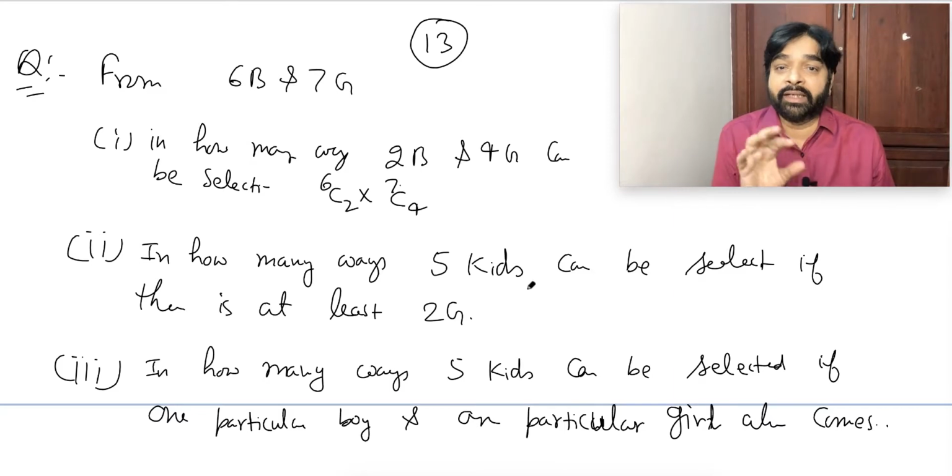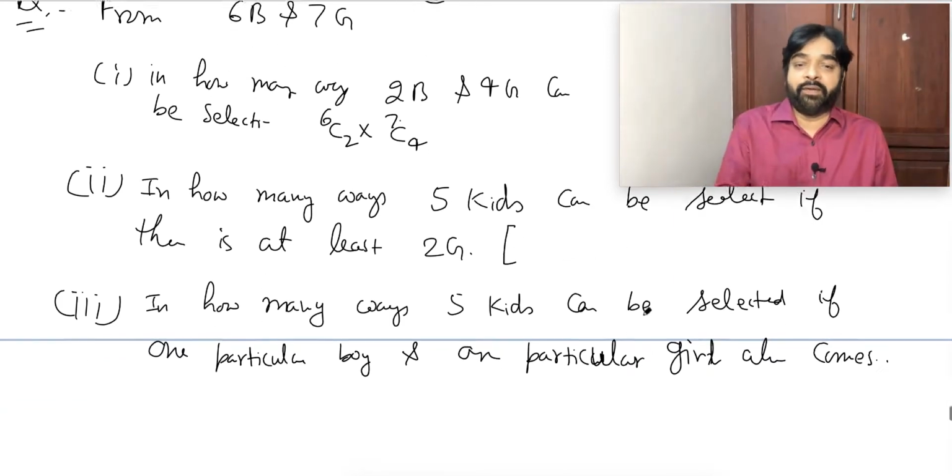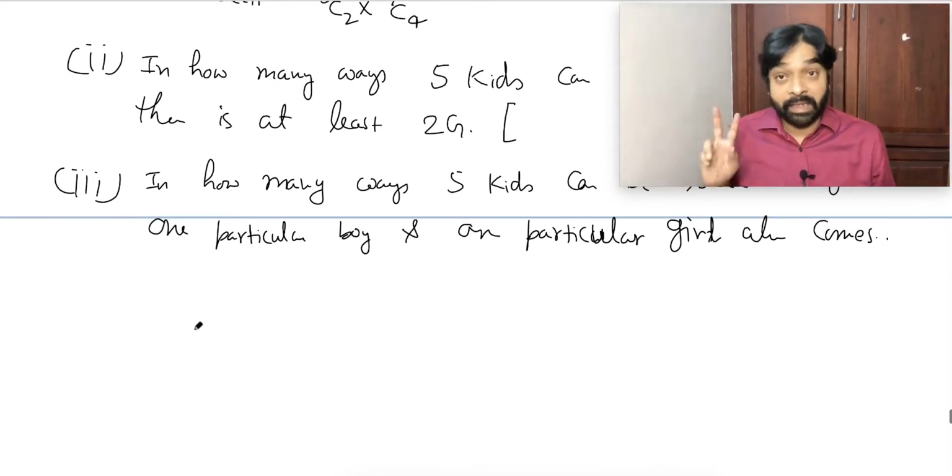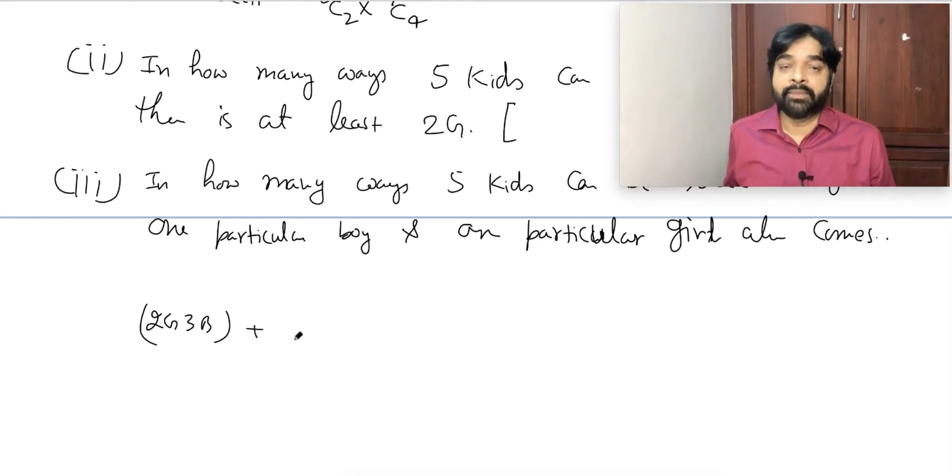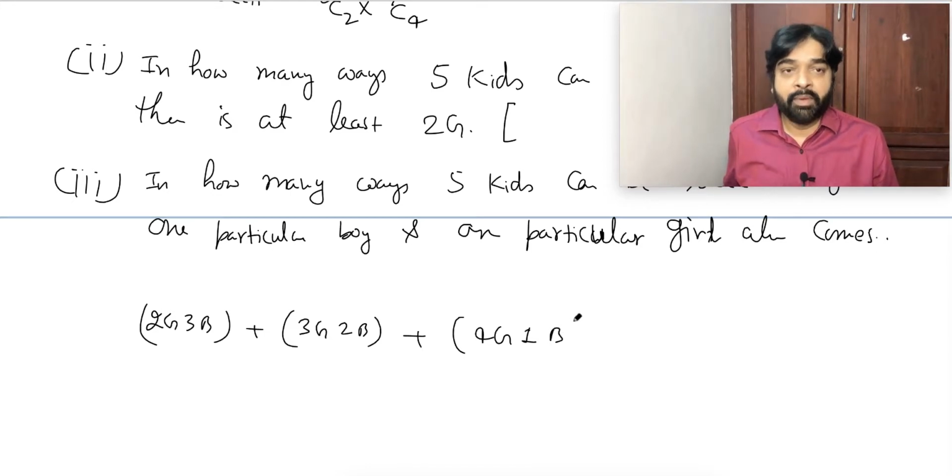I want at least 2 girls to be there. So how will we redefine this question? At least 2 girls. What will be the possibilities? 2 girls, 3 boys, or ("or" means addition) 3 girls, 2 boys, or 4 girls, 1 boy, or 5 girls, 0 boys.